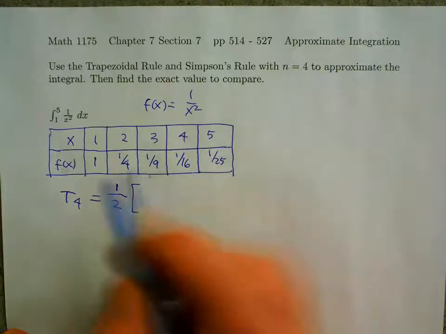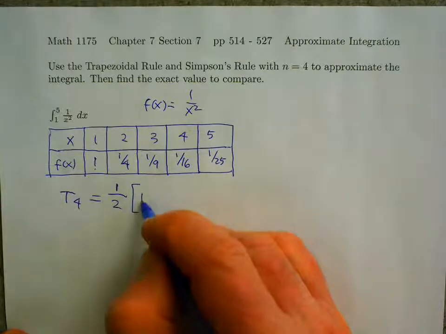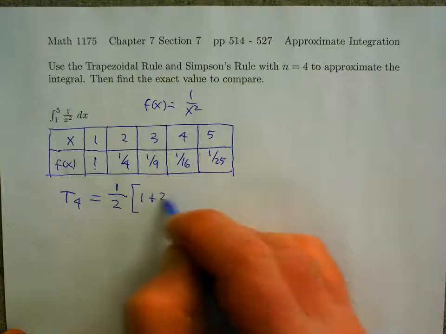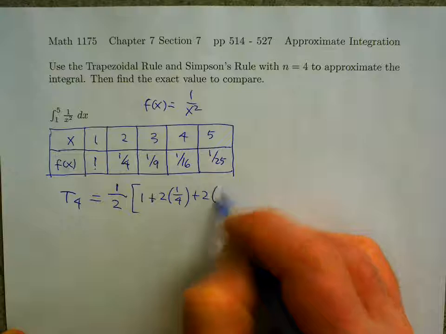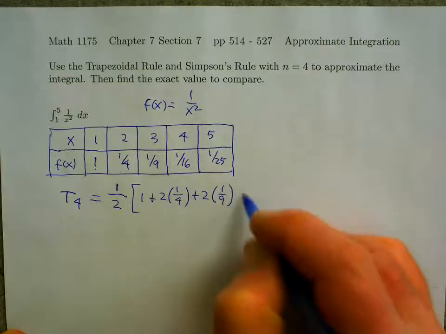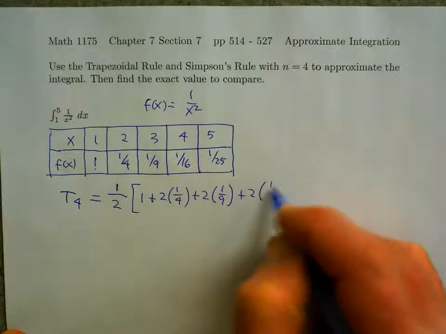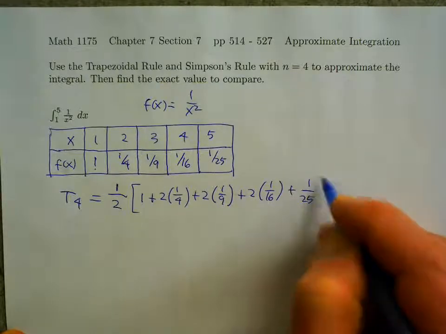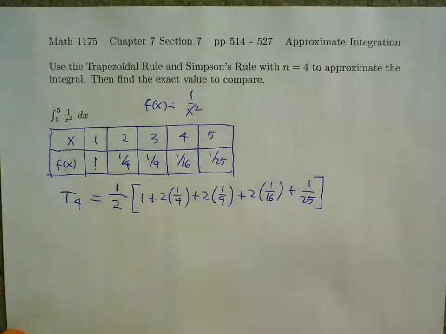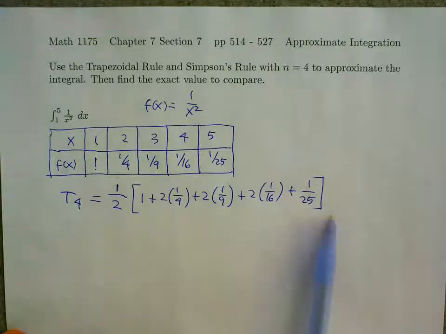And then the first output is 1, and then plus 2 times 1/4, plus 2 times 1/9, plus 2 times 1/16, and then plus 1/25. I'll leave the rest of that for you to do. That's pretty simple arithmetic.